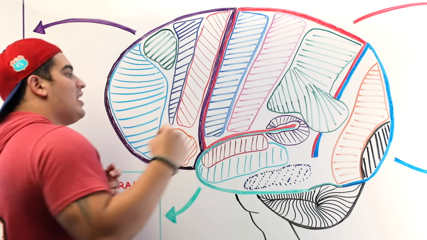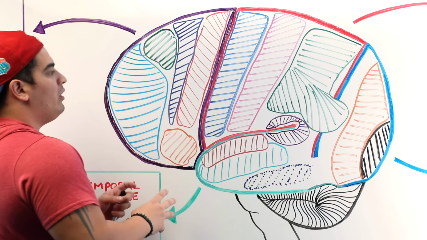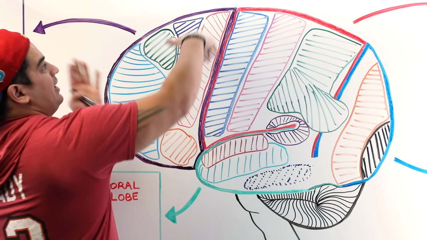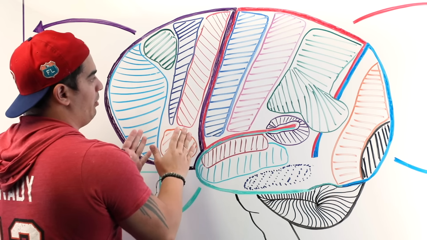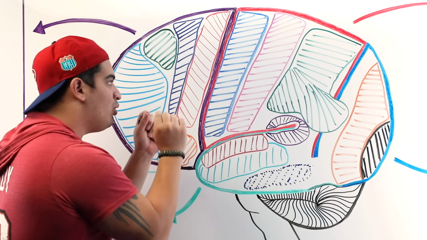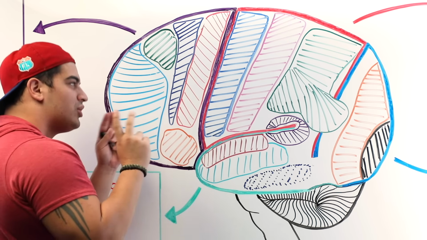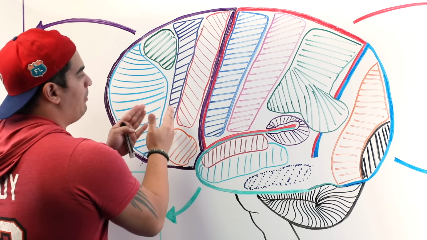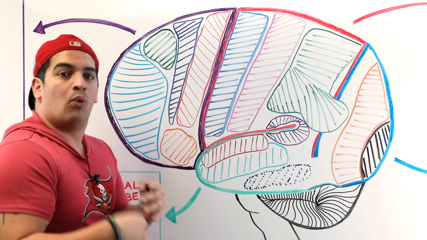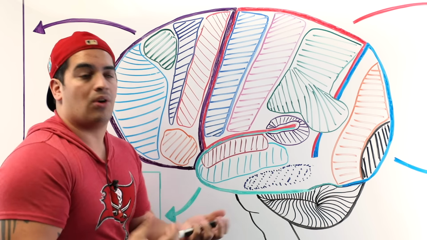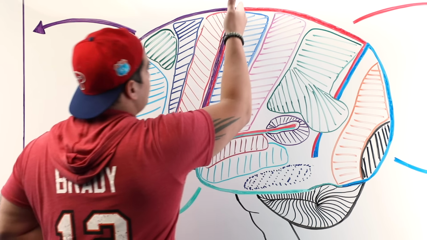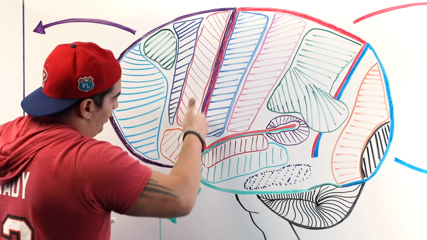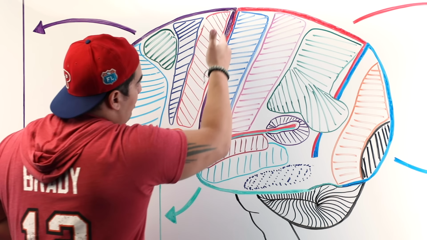Now we got to take it a step further, right? Because all we have is just where, maybe in some space, the frontal lobe is. We have these beautiful demarcations, or sulci, if you will, that separate these lobes from one another. What are these demarcations or sulci? This first one is beautifully placed right here. You can kind of see it in a combination of red and purple.